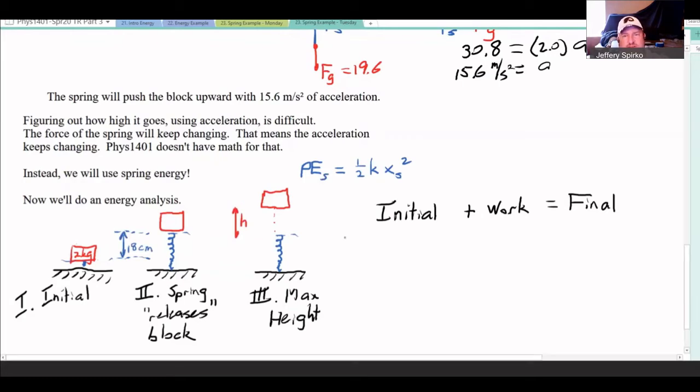So forms of energy we care about are kinetic, we care about spring, call that PE spring, which is 1/2 k x spring squared. And we care about gravity. I'll call it PE gravity, which is equal to mgy.